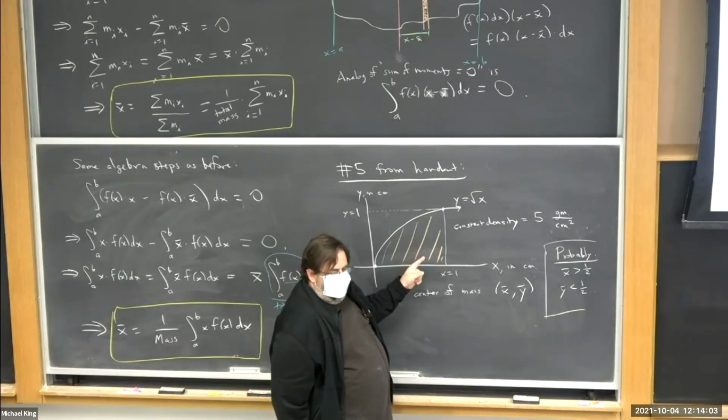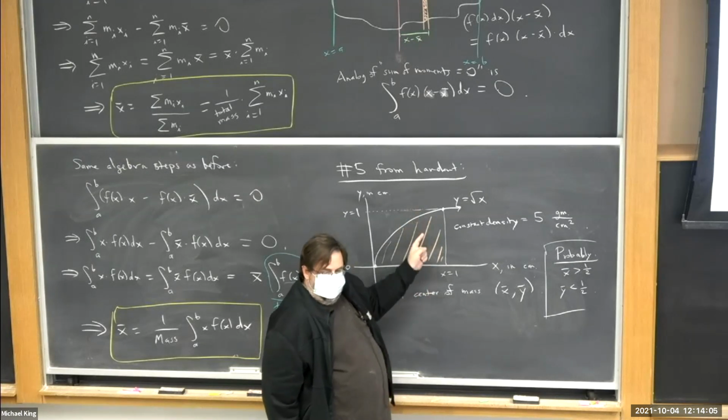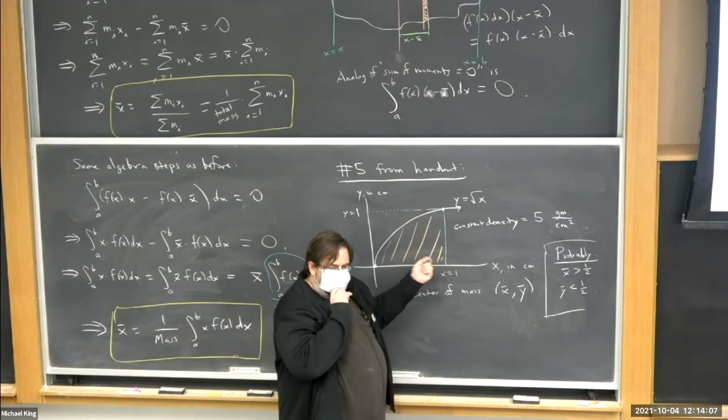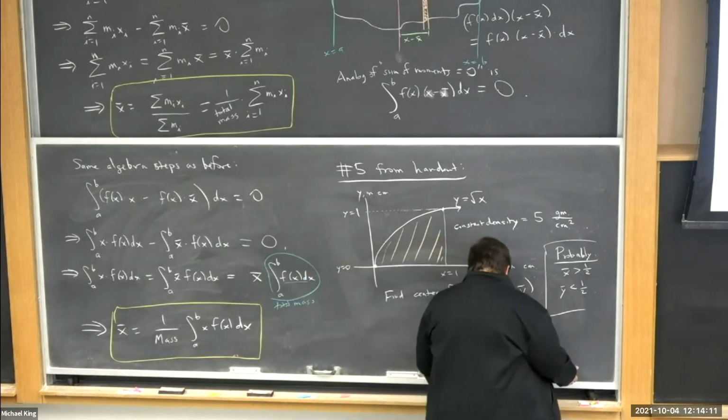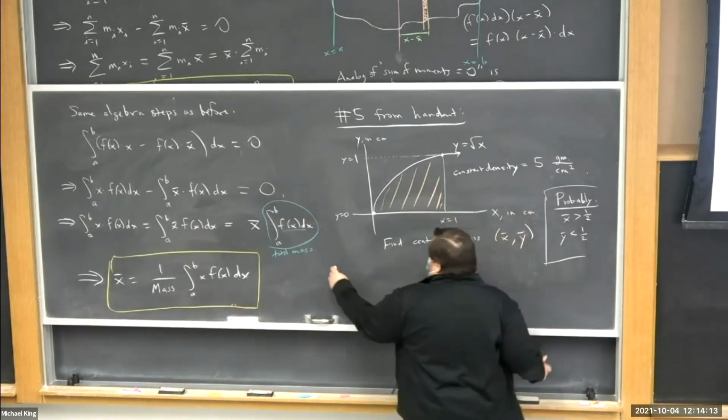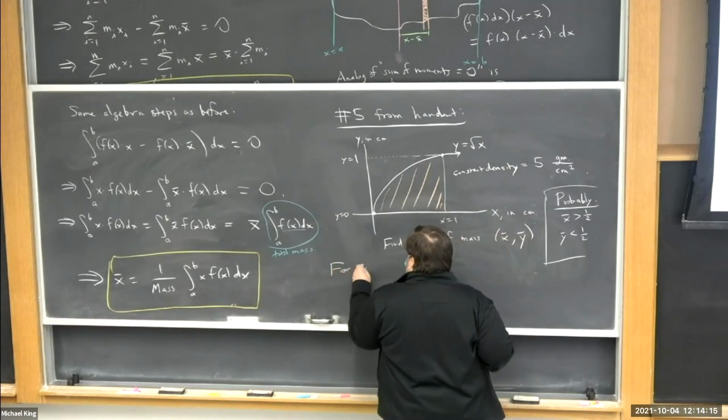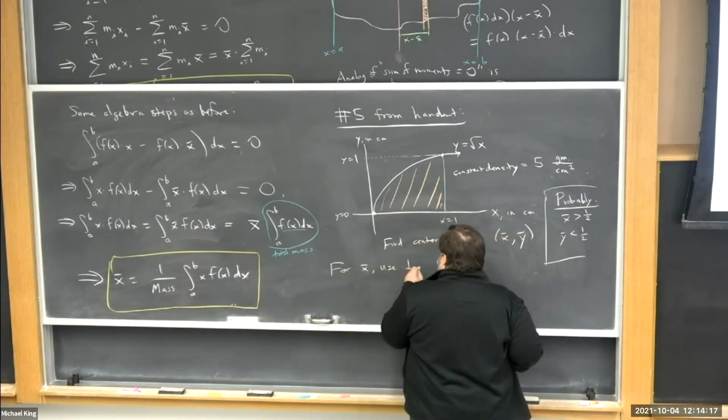So in fact, it's going to be that thing of slicing perpendicularly to the distances you're looking at. We're going to be integrating in terms of x. So let's do perpendicular slices. So for x bar, use vertical slices.